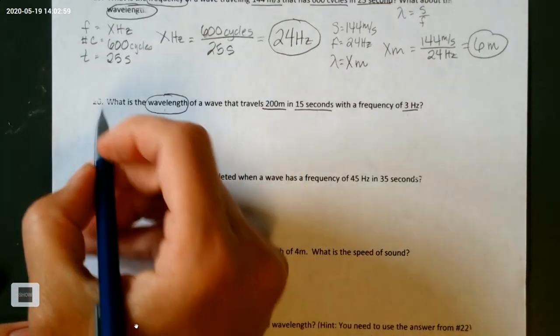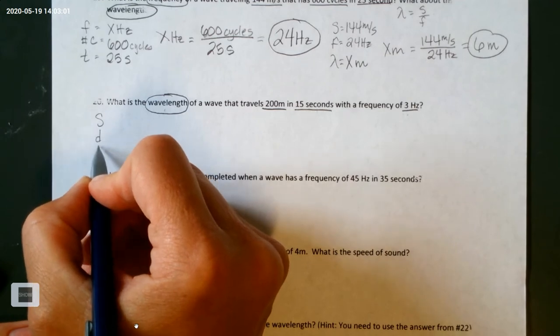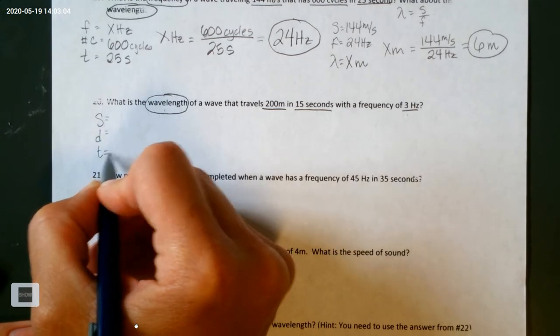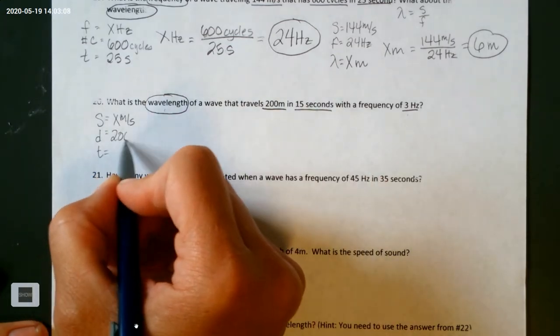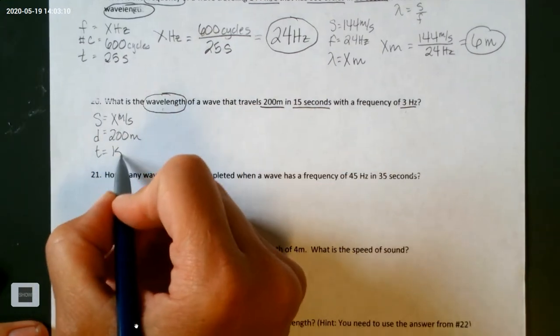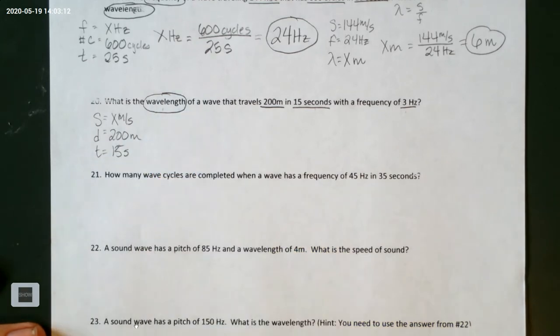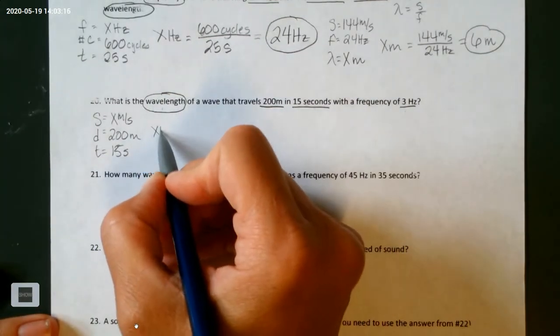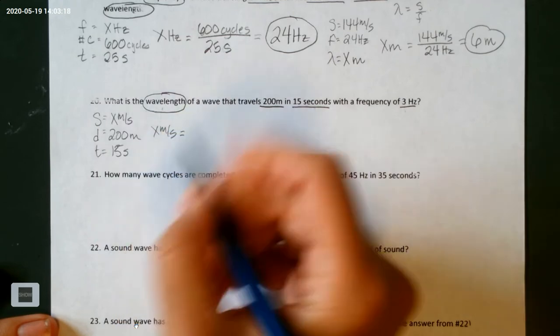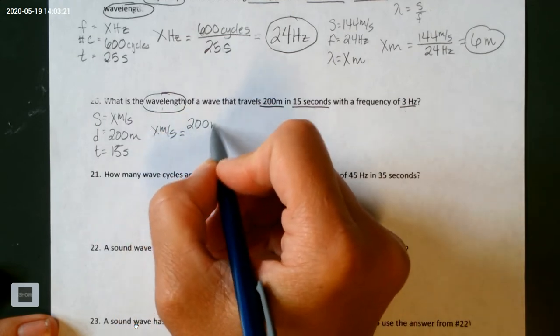So to get speed, we need speed, distance, and time. Speed is X meters per second. Distance is 200 meters. Our time is 15 seconds. So that means that our speed, which is X meters per second, equals distance divided by time. So 200 meters is our distance.